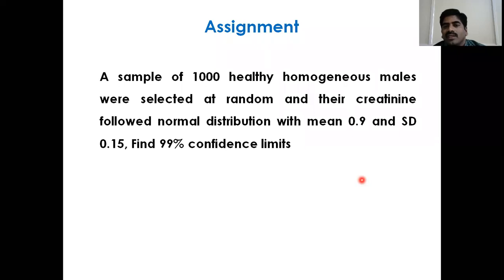Your mean creatinine 0.9 with a standard deviation 0.15, and data followed the normal distribution, and find 95% confidence limits. This is the assignment.